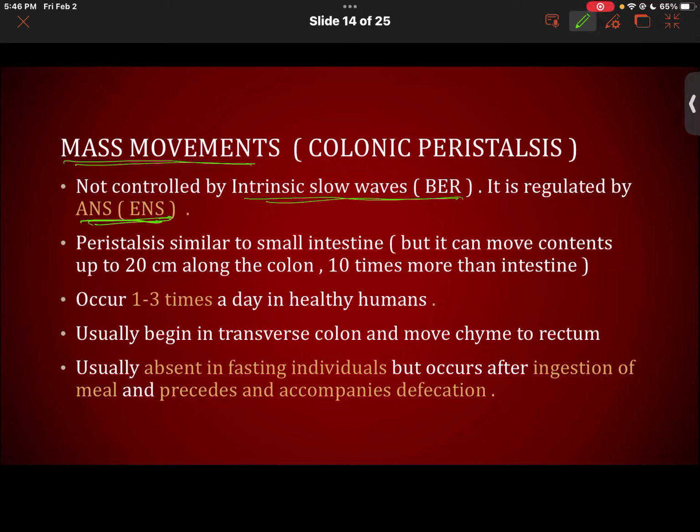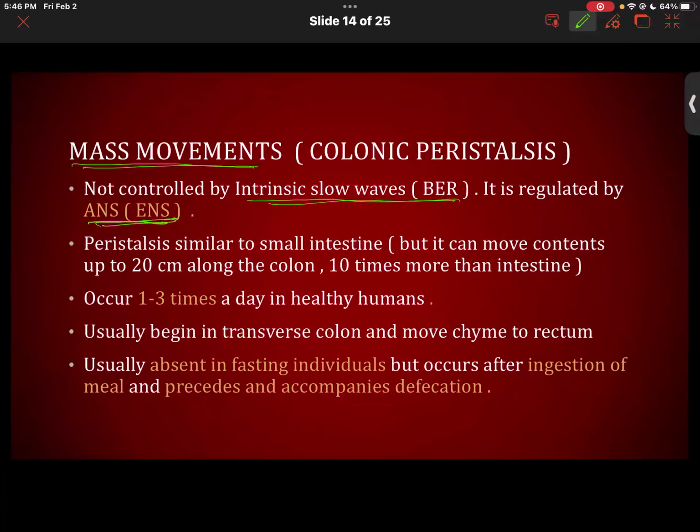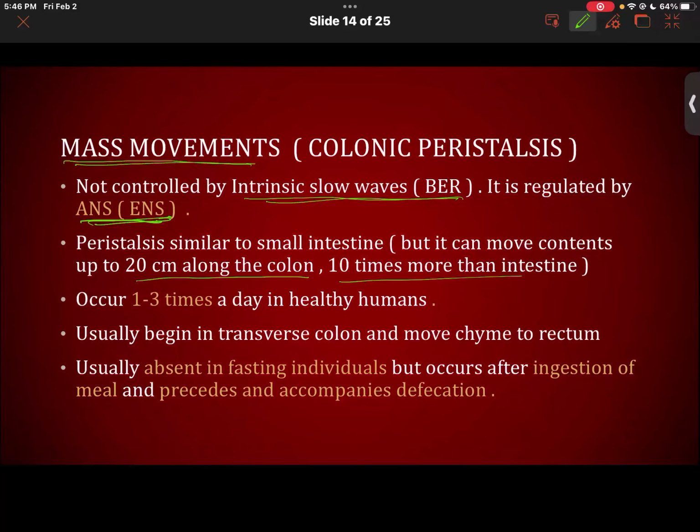So these are regulated by the autonomic nervous system, not the basic electrical rhythm, which works through a pacemaker present in the GIT. Its peristalsis is similar to the small intestine. I'm sure you guys have already done that. But there's a difference, because mass movements in the colon can move contents or feces up to 20 centimeters along the colon, which is 10 times more than the small intestine, where peristalsis moves at 2 to 3 centimeters.